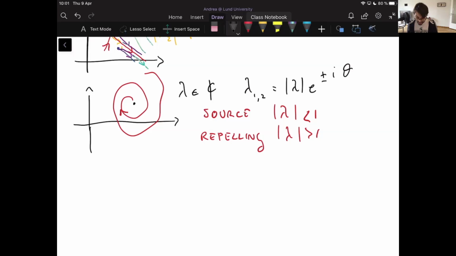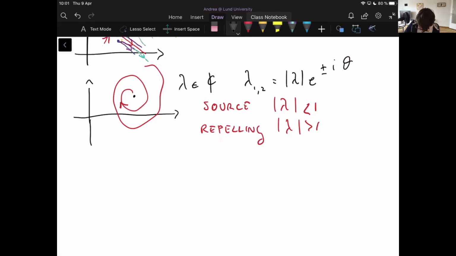And so, for example, if we do it for the Nicholson Bailey model, in the Nicholson Bailey model you have only two dimensions.